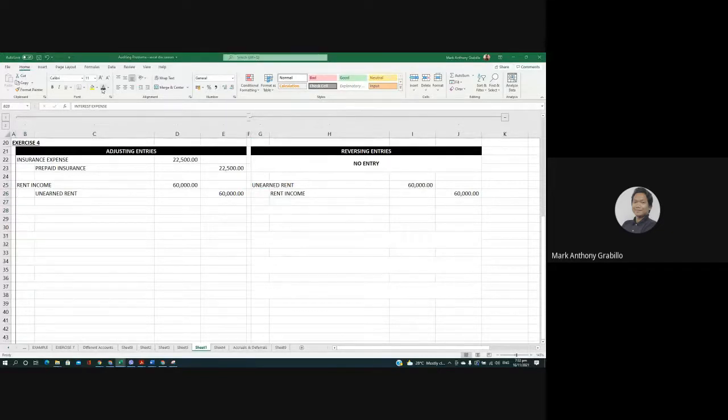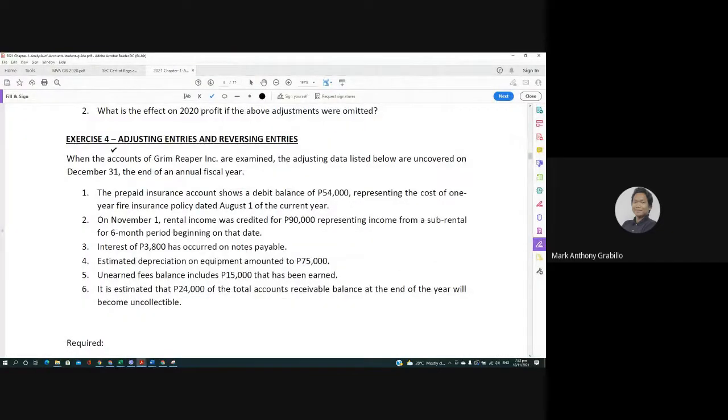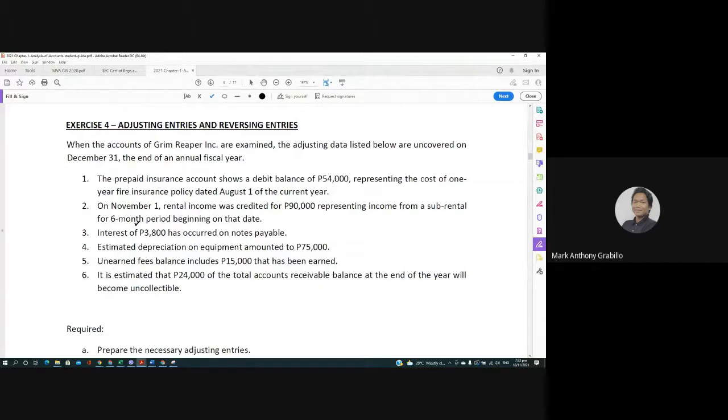All right. Number 3, interest of 3,800 has occurred on notes payable. What will be our adjusting entry? Debit interest expense po.